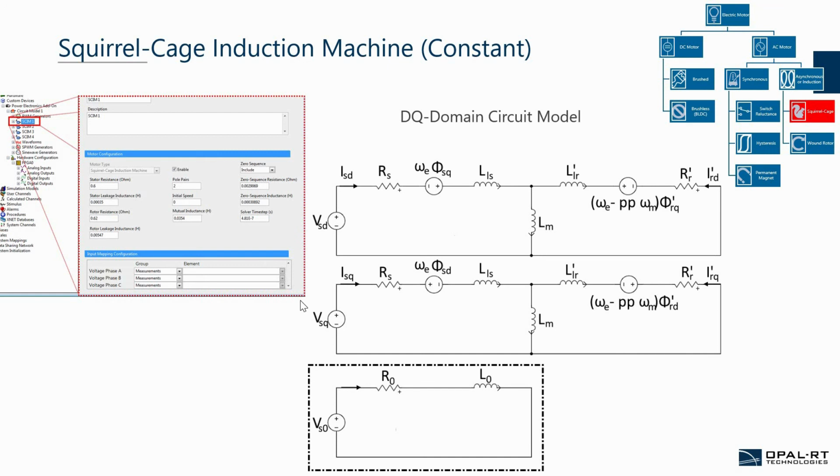An interesting feature of the Squirrel Cage Induction machine is that it has the option to allow for zero-sequence simulation, which is a way to model imbalances in the machine's voltages and currents. You can see that portion of it down here denoted as optional with a dotted box line. You enable and disable it through a drop-down located right here, and then when it's enabled, you're allowed to set the zero sequence resistance and zero sequence inductance.